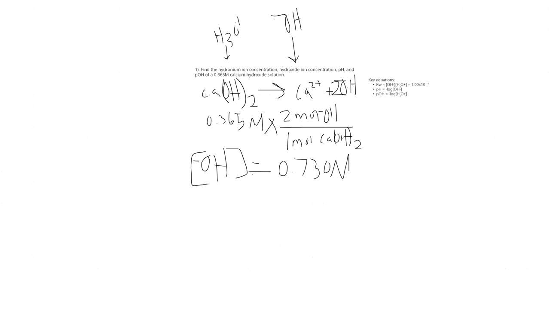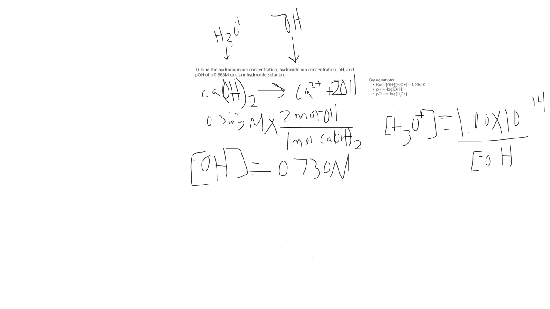Rearranging the equation, H3O plus equals 1.00 times 10 to the negative 14 over the concentration of OH, which we have.